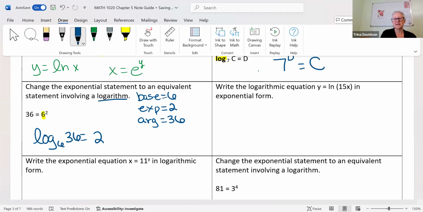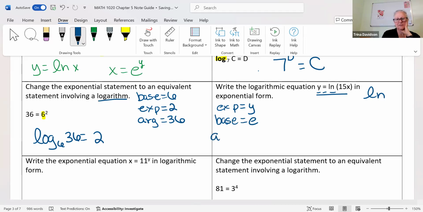All right, this one is in log form, but it's a natural log. Log is equal to the exponent. So the exponent is y. The exponent is on the opposite side of the log. The base of natural log is e. You don't see it there.